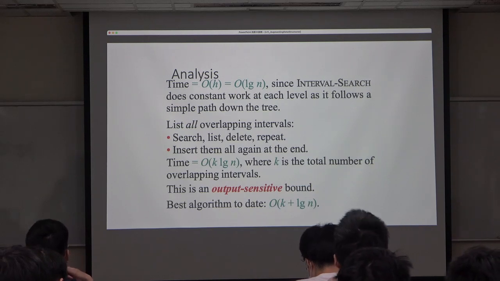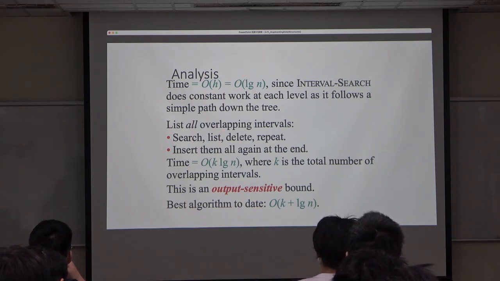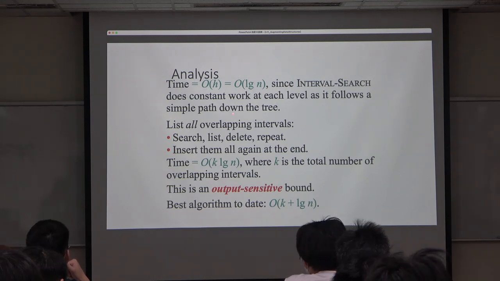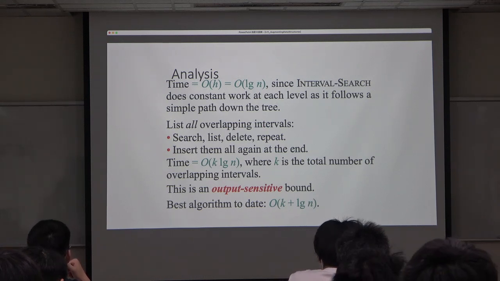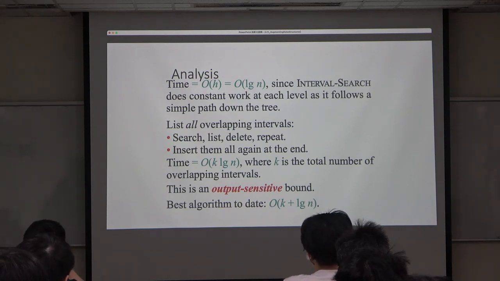For example, you could imagine in this tree, if every interval has overlap with the query interval, then k is n, so it becomes n log n. Is n log n worse than the optimal one? Think about this.